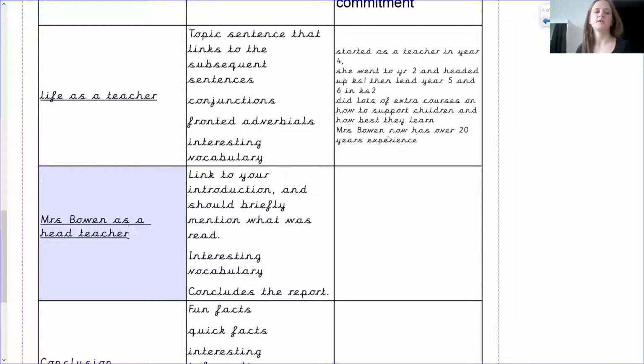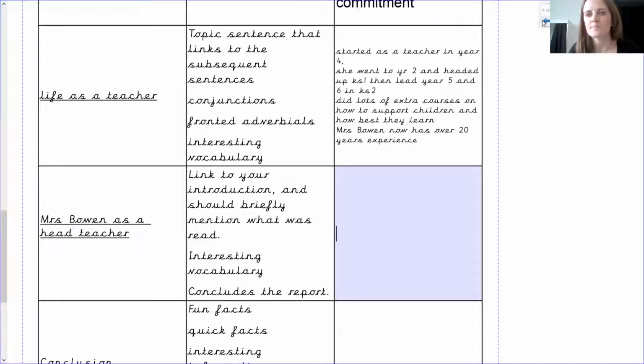And then obviously we are going to talk about Mrs. Bowen as a head teacher now. So let's go back and have a look at some of the important things that we think would be important when we're talking about Mrs. Bowen now as a head teacher.